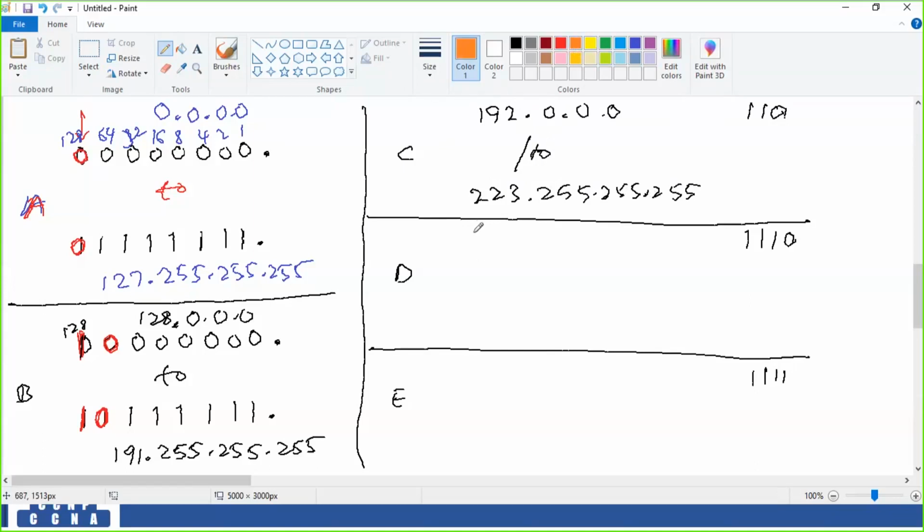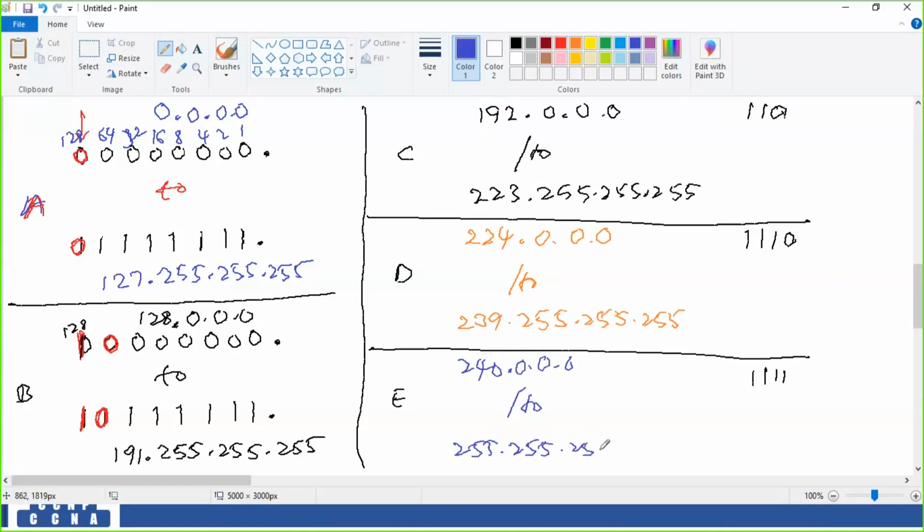What about Class D? 224 to 239. And the Class E range? 240 to 255: 240.0.0.0 to 255.255.255.255.